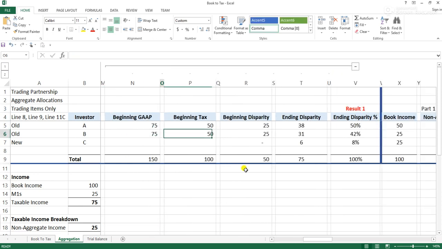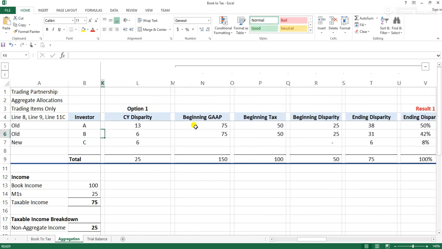Now, what would happen is that if you have a book tax difference, that means that what you've economically earned and what you've been taxed on are kind of going in different directions, or one may be ahead of the other. And by ahead meaning that one may be higher than the other. So in this case, one investor has a historic GAAP capital of $75 and historic tax capital of $50, and investor B has the same fact pattern.